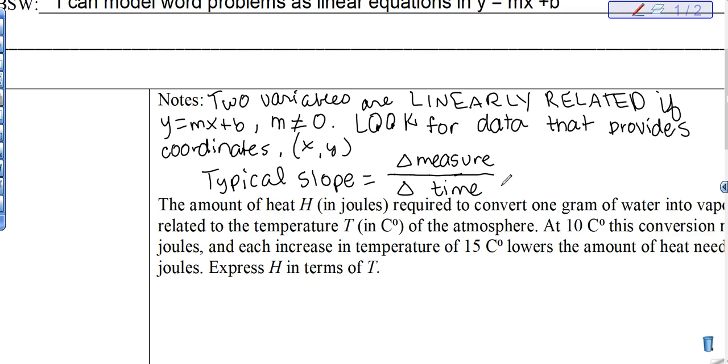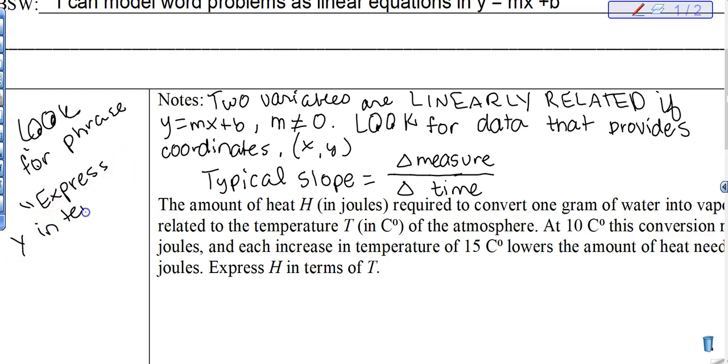Okay, so something else to be on the lookout for. For this, look for this phrase. Express y in terms of x.